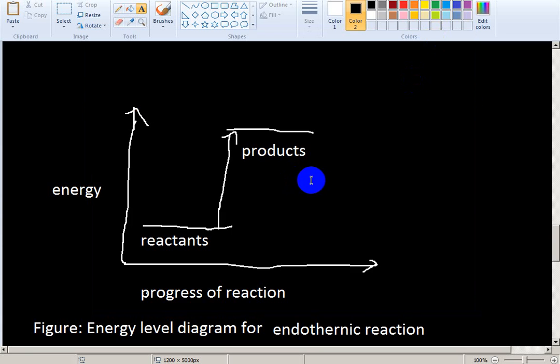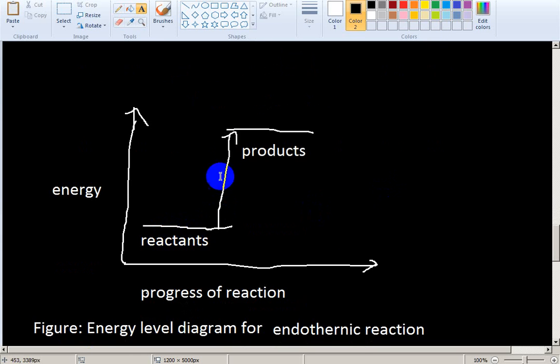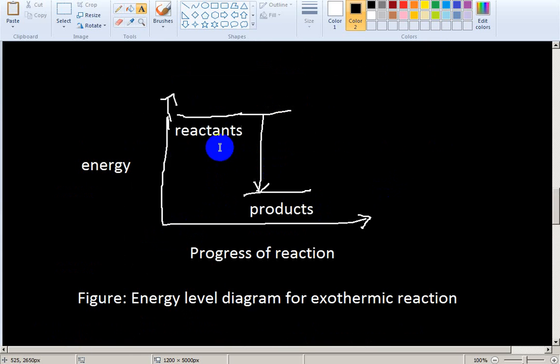Okay. Figure: this is the energy level diagram for endothermic reaction. Here reactant energy is less than product energy. In the exothermic reaction, reactant energy is more than product energy.